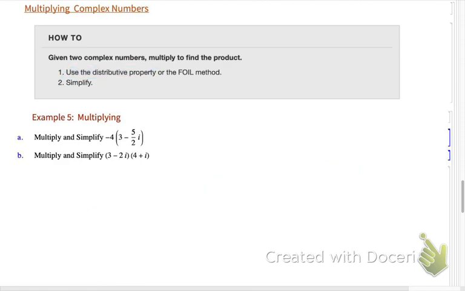For part B, now there's one thing I want to remind you. This time we're multiplying two complex numbers with real and imaginary part. So this time, in step 1, we're going to be using the FOIL method. But let's talk about one thing. At some point in this multiplication, we're going to have to multiply i times i.